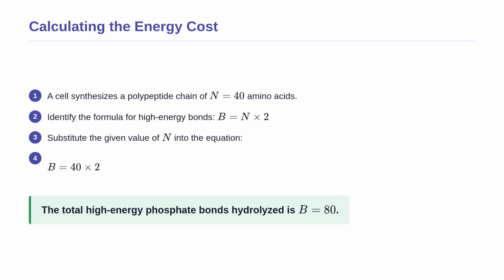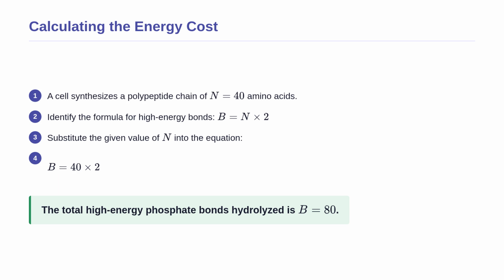Before we move on, let us see this formula in action with a concrete example. Imagine a cell needs to synthesize a small polypeptide chain that is exactly 40 amino acids long. We're asked to find how many high-energy phosphate bonds must be hydrolyzed just to charge the tRNAs required for this polypeptide. We start by identifying our given value, which is N equals 40.